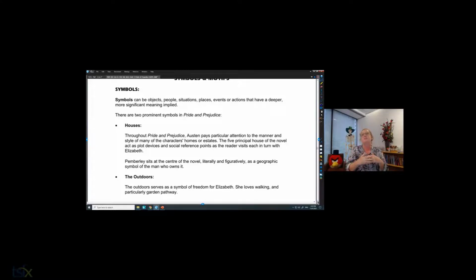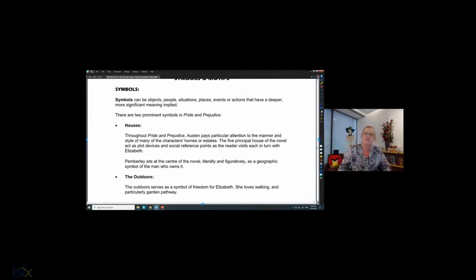She presents Pemberley as far less grand, and that's reflecting how Austen sees these characters. She sees Darcy as fundamentally different to de Burgh. That's what's really interesting. So you see houses, and they represent different estates, different families.